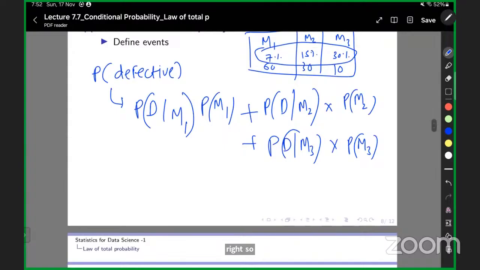So how many defective was M1 producing? 7%, right? So how will I write 7% in terms of probability? 0.07, right? 7 by 100, basically. And how many pens are produced by the M1 machine? 0.6, right?